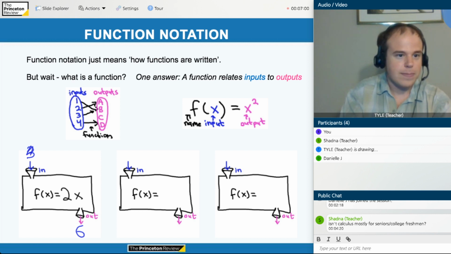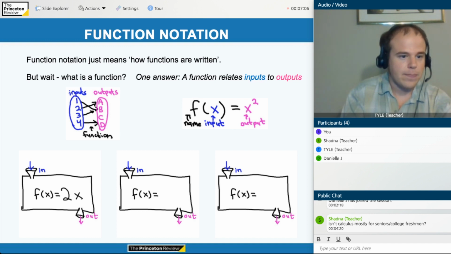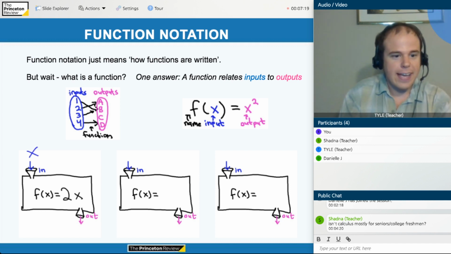But if instead of 3 we had, say, x here, then if we take x, we double it, we get 2x.